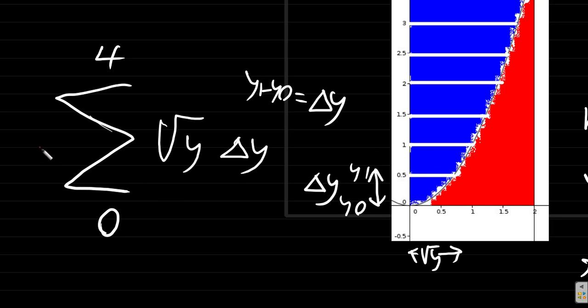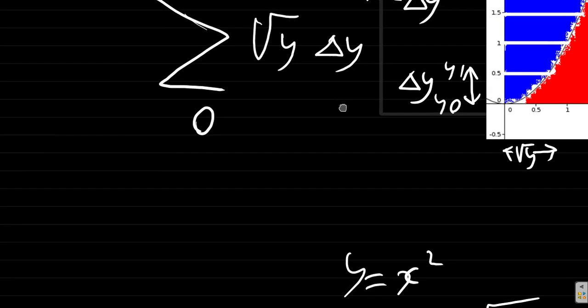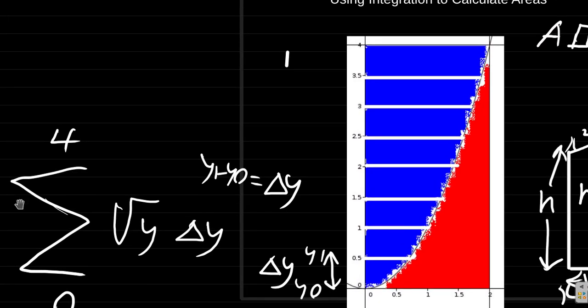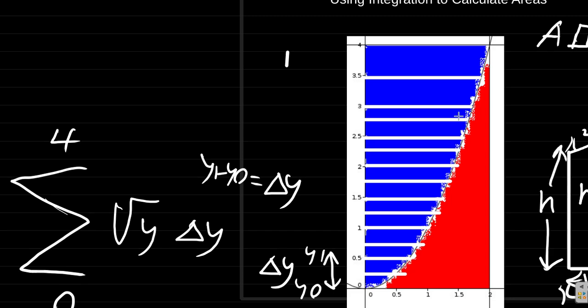Alright? Now, what is the limit? As you increase the number of rectangles here, you cut it up into more and more rectangles so that the height of the rectangles gets smaller and smaller and smaller.